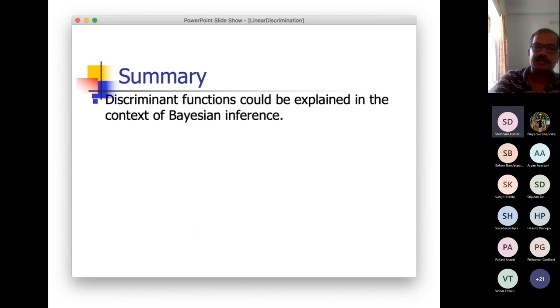As you can see, first we considered the discriminant functions, which could be explained also in the Bayesian inference, and at the end we have seen how these are very much related. In the previous case, from the Bayesian theorem, and using Gaussian probabilistic modeling of probability distributions, we derived the linear discriminant functions.